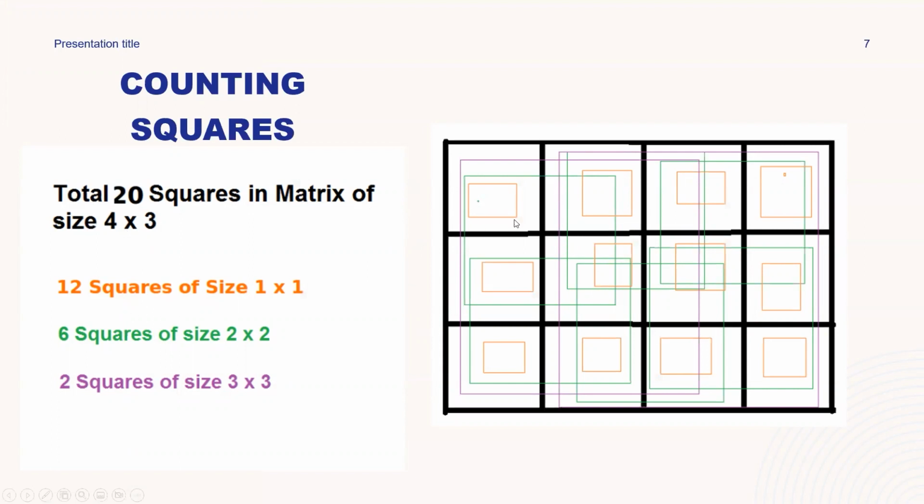Each orange square is a 1 by 1 being checked, and each green is a 2 by 2 that it will check to see if we find our value v. Here's another 2 by 2. That's 1, 2, 3, 4, 5, 6 2 by 2s. For the 3 by 3 squares, there are only 2.